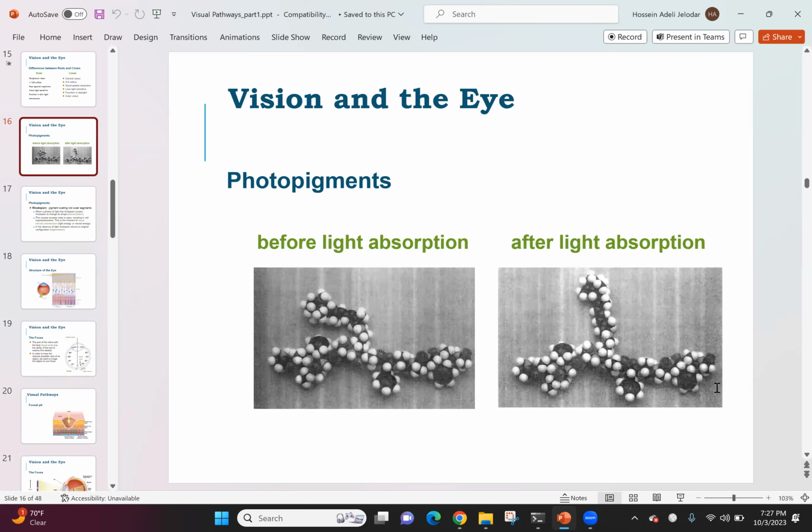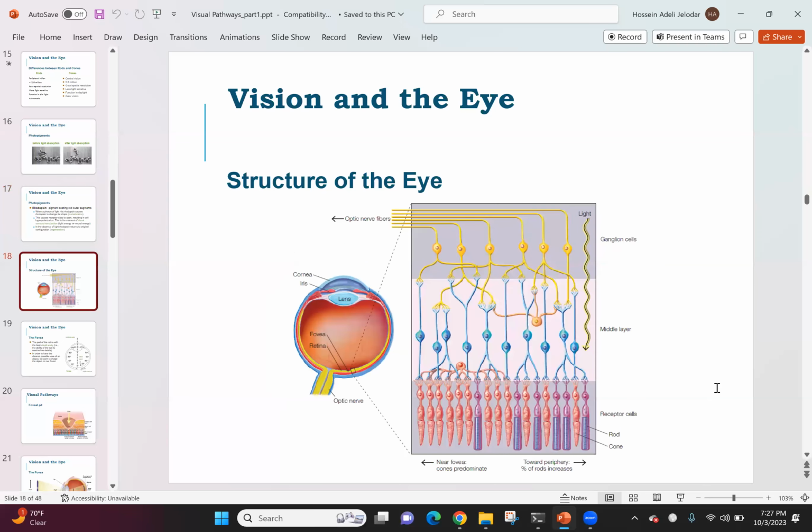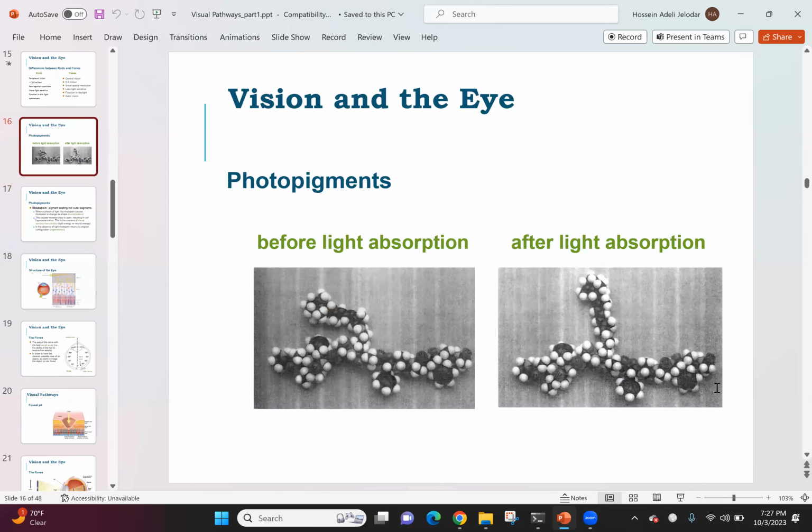So this is on the level of the eye. So in the eye, what happens? There are rods and cones, they're photoreceptors because they have photopigments on the surface. It's a cell, like any cell, it has a surface.